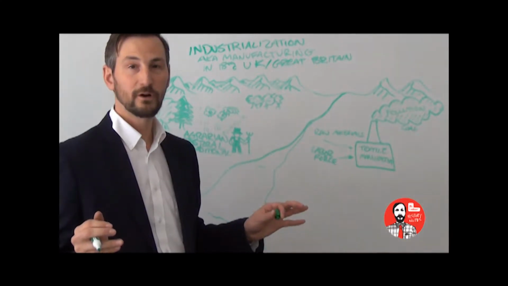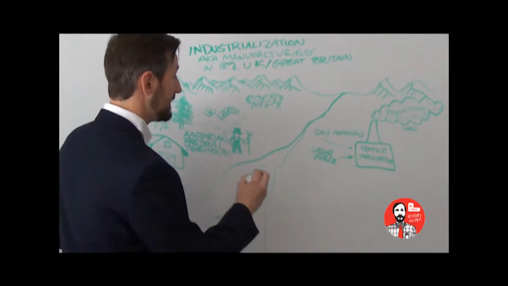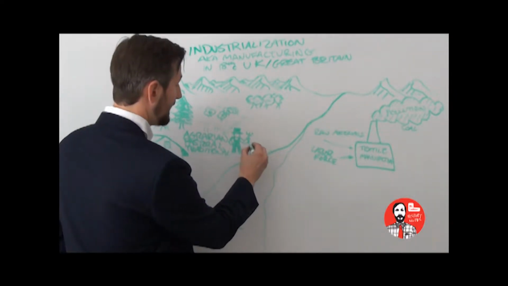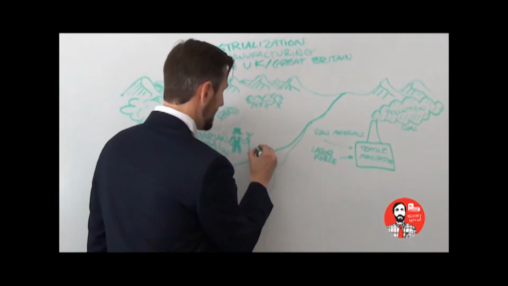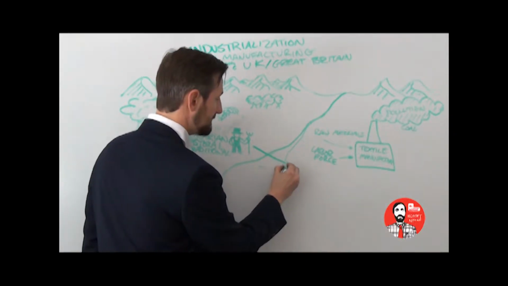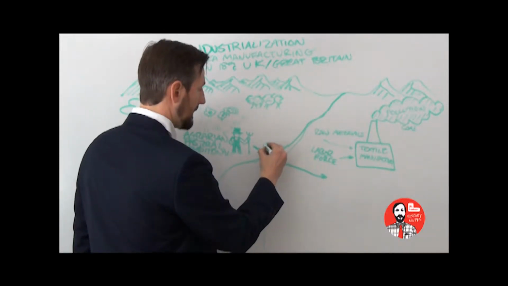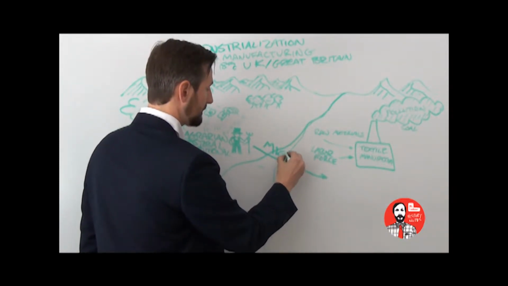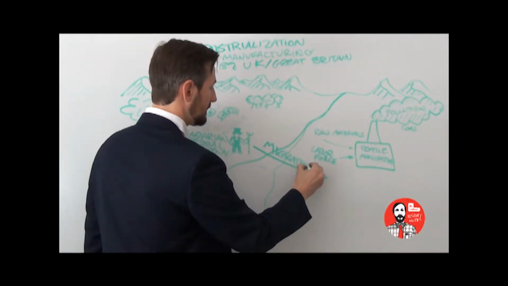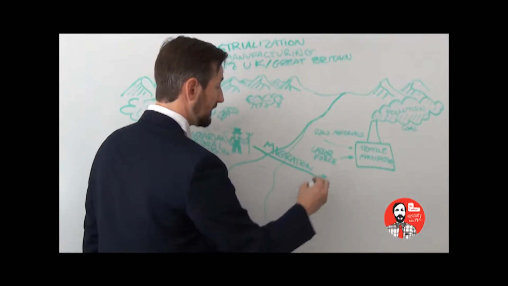Where does this labor force come from? They come from people living in this agrarian way, and they stop becoming farmers. They move to the city in a mass migration. So we're going to write migration to the cities.